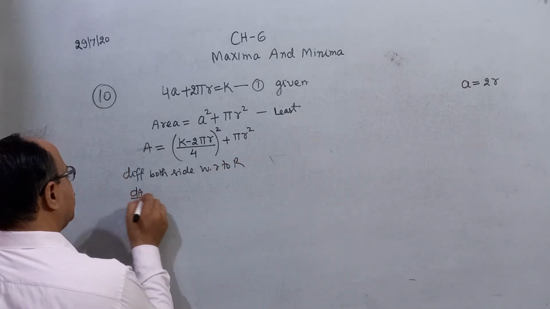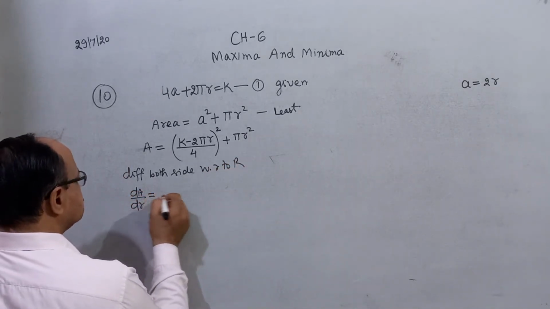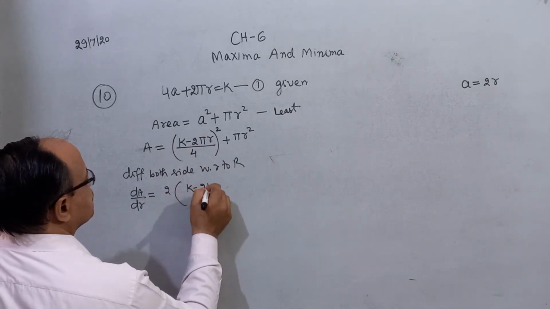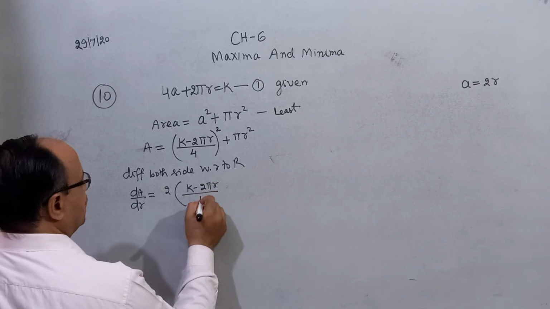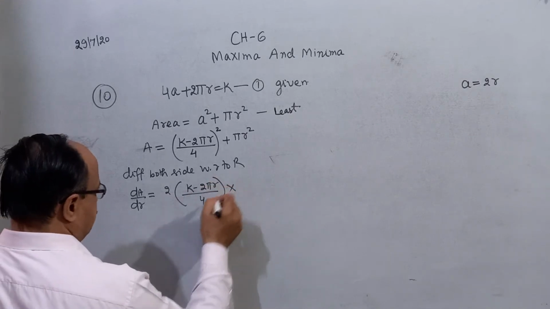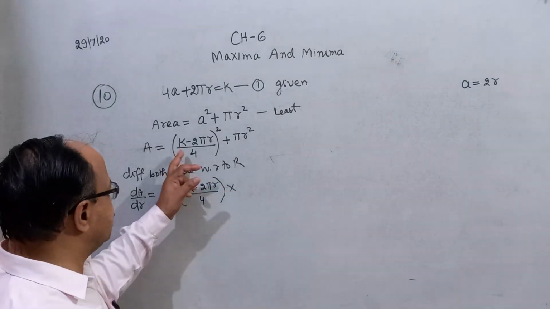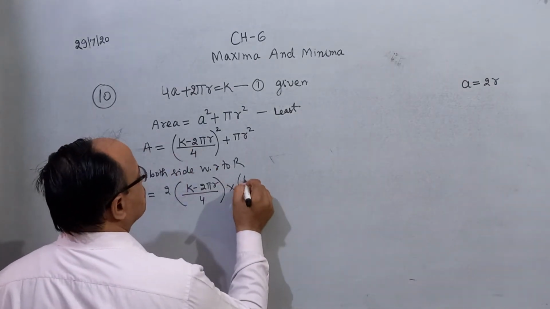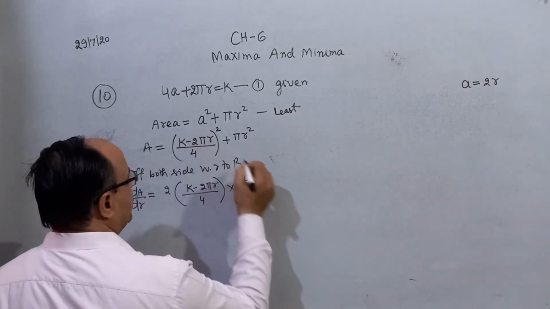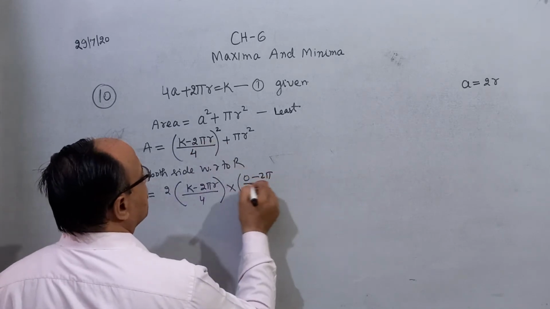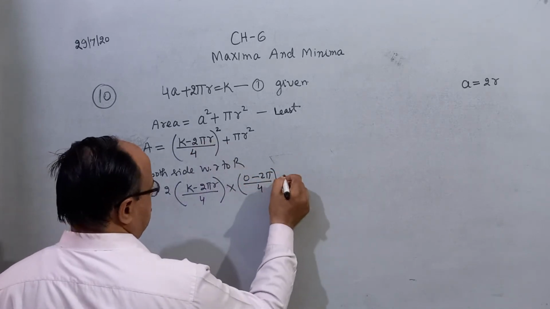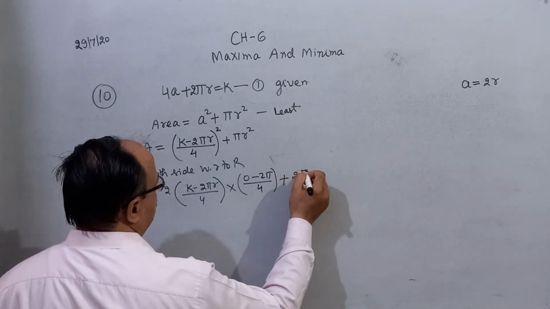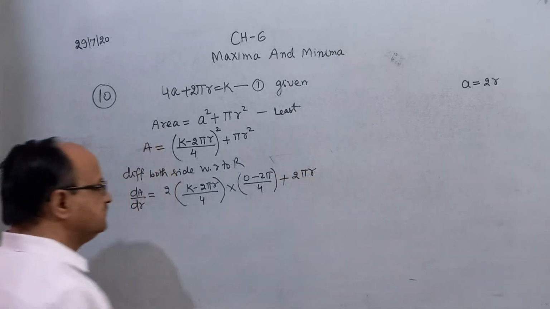Therefore dA by dr is twice k minus 2 pi r upon 4, into the derivative of k minus 2 pi r upon 4. The derivative of k is 0, and the derivative of 2 pi r is 2 pi upon 4, and the derivative of pi r square is 2 pi r.